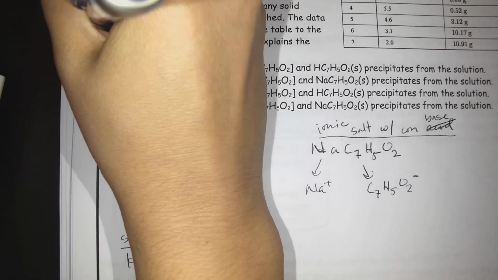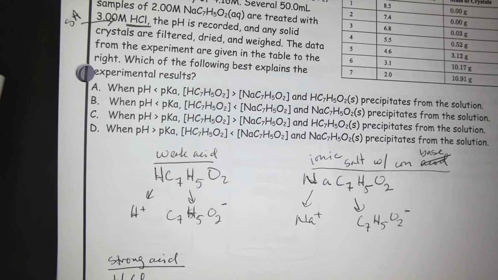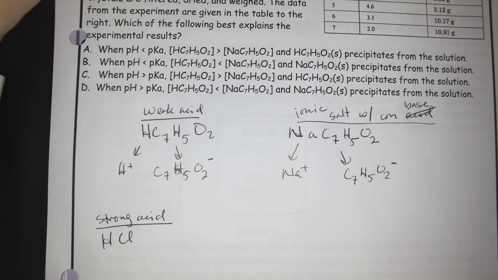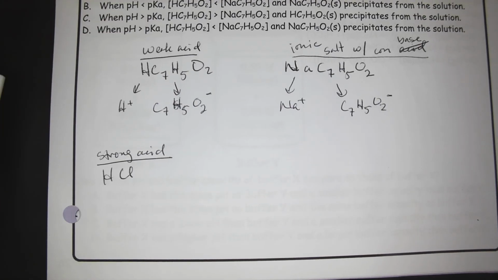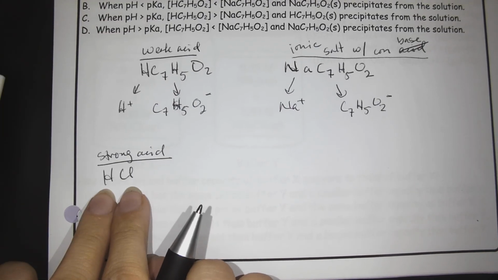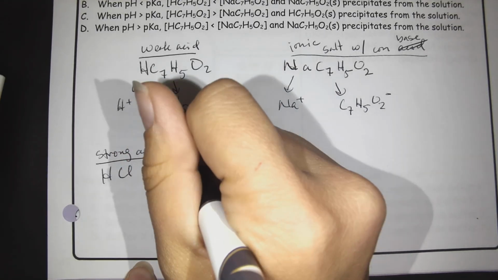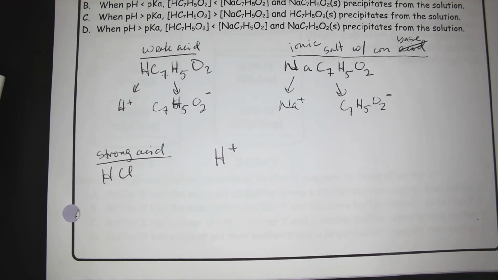Okay, so we're adding a strong acid to the buffer solution. So let's think about this for a second. If we add a strong acid, first off, strong acids just break apart. So imagine it's a bunch of H+ floating around in there. That's what we added.